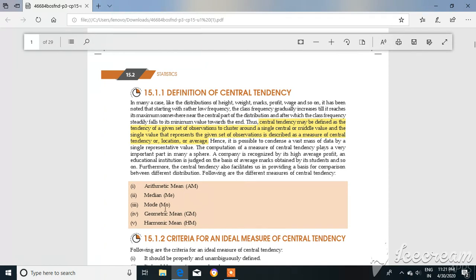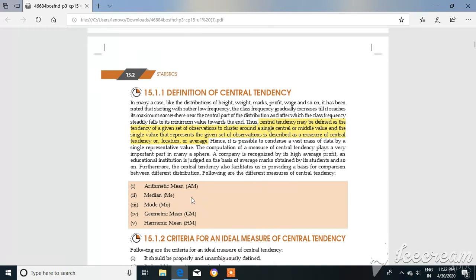Now here there are different types of central tendency. So first is arithmetic mean, second is median, third is mode, fourth is geometric mean, and last is harmonic mean. Okay, now this measure of central tendency is divided into these five types. So arithmetic mean is nothing but your simple average.